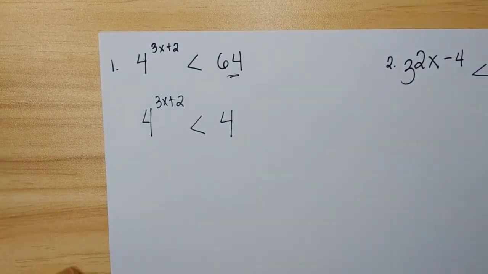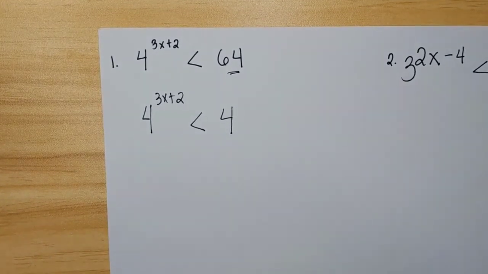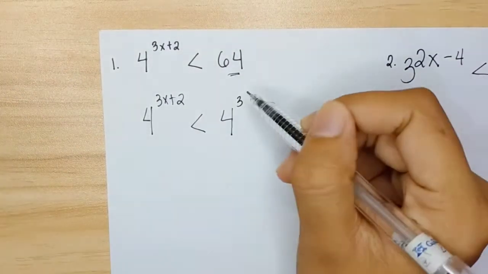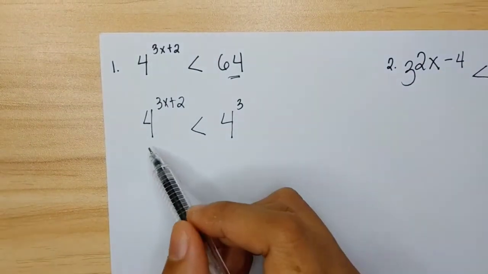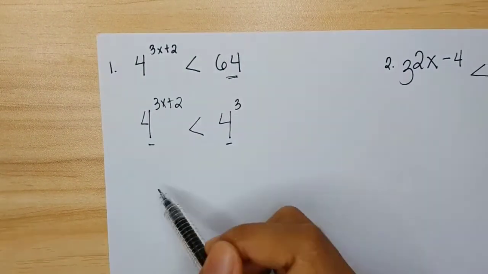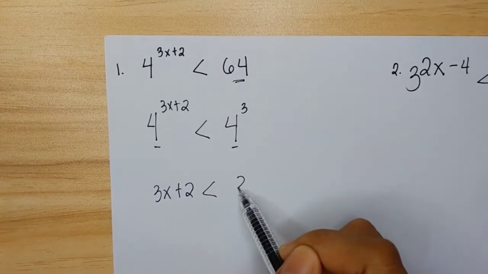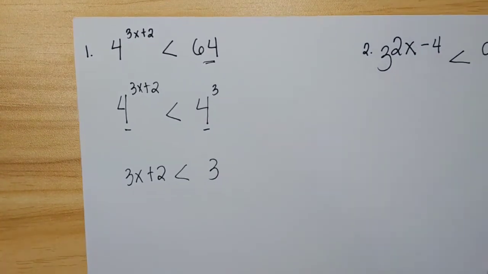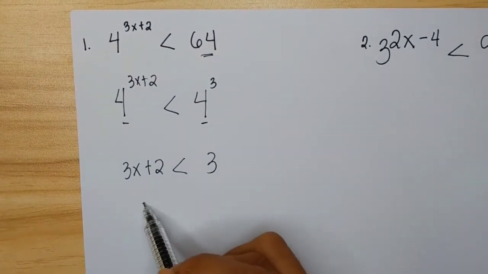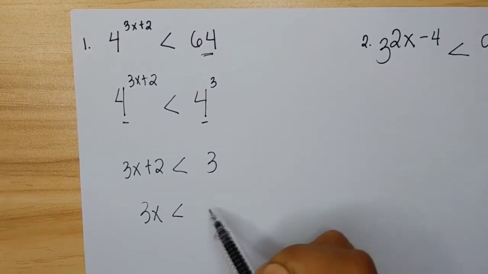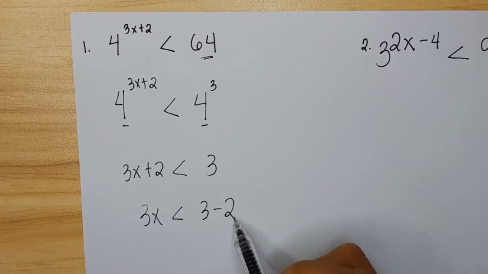Ano dapat yung exponent ng 4 para magiging 64? That will be 4 to the power of 3. So, we have 3 yung exponent dapat niya. So, since the same na sila ng base, we have 3x plus 2 is less than 3.